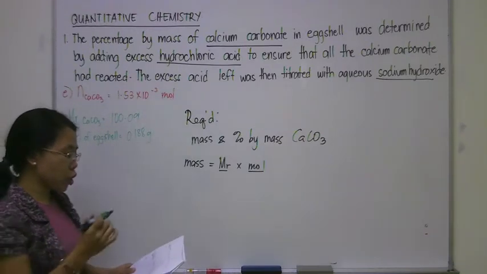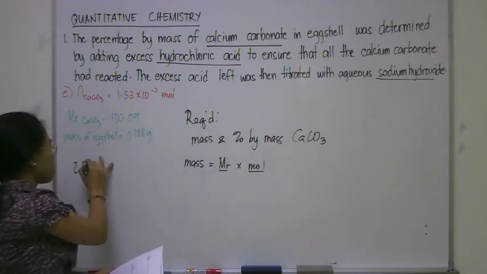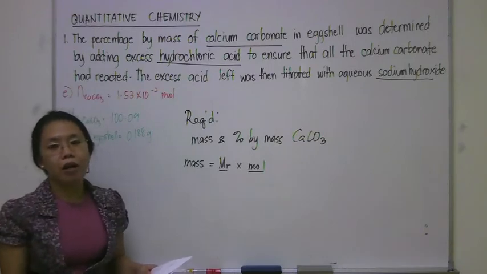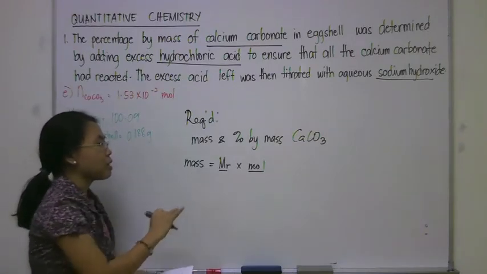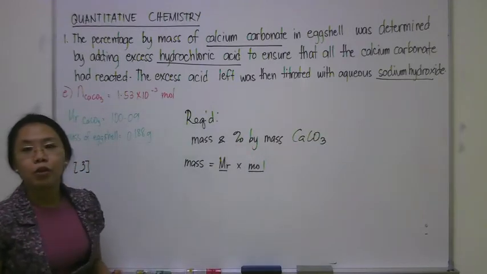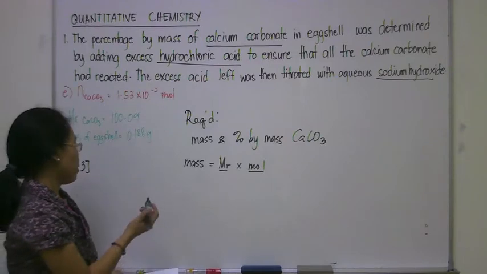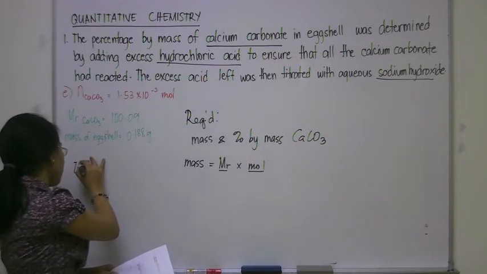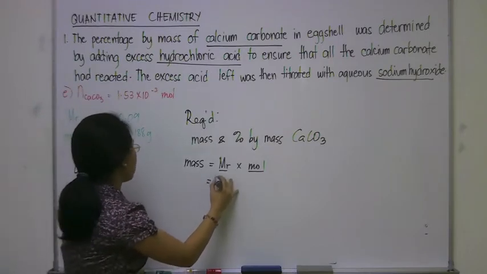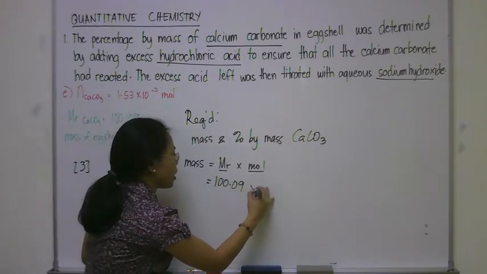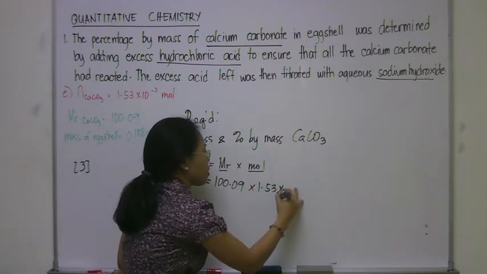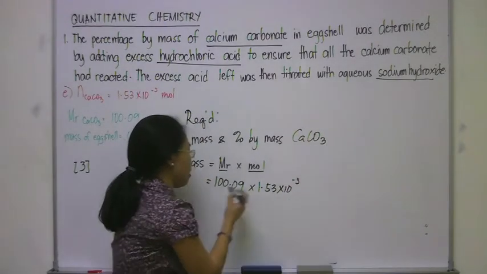By the way, this question is for 3 marks. For you to have 3 marks, you need to calculate the MR, you need to calculate the mass, and you need to find the percentage by mass of calcium carbonate. I'm pretty sure you know how to calculate the MR. The MR of calcium carbonate is 100.09 times the moles of calcium carbonate, which is 1.53 times 10 to the negative 3.